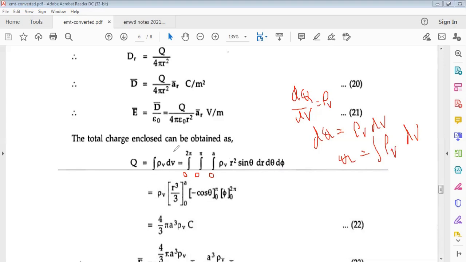So rho v into dv. What is the dv here? It is r squared sine theta dr d theta d phi. Got it, my dear students?